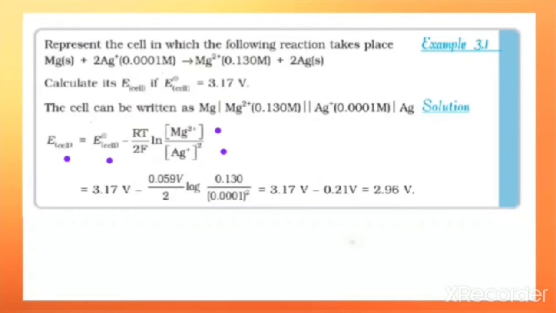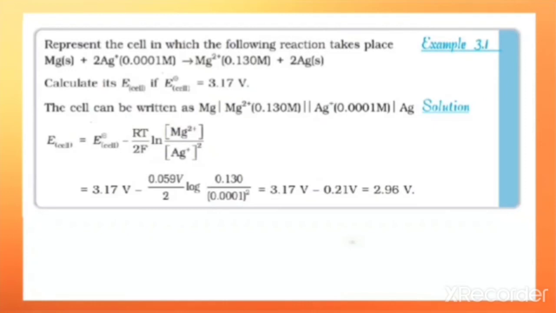After putting the values of R, T, F and all, we have learned this equation, that is E cell is equal to E naught cell minus 0.059/n log of concentration of product by reactant.